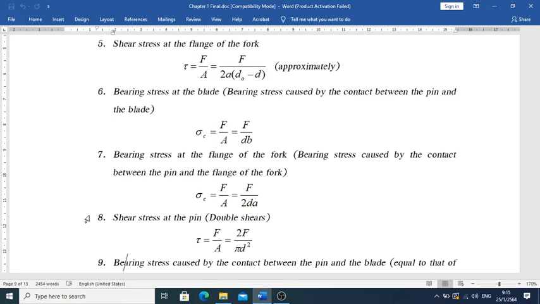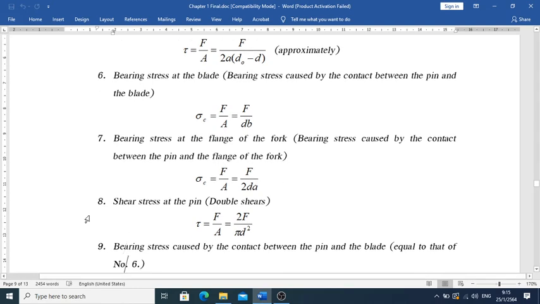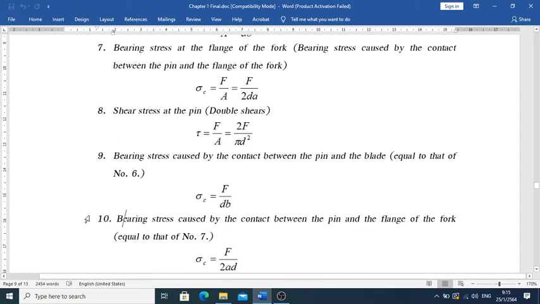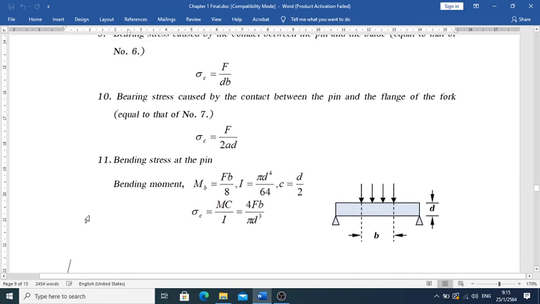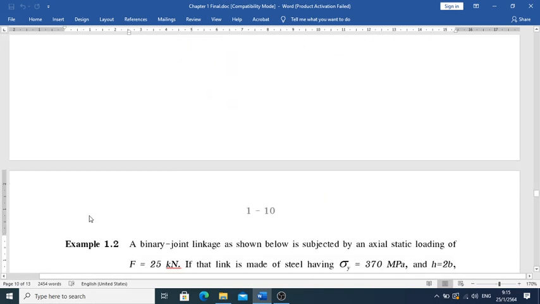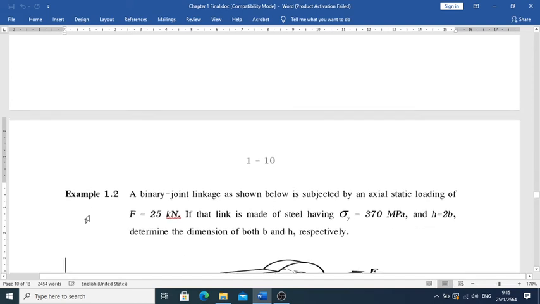And then number 9, the bearing stress at the pin, and number 10 at the pin again. Number 9 and number 6 are equal to each other, and number 10 equals number 7. Please have a look at it very carefully. It's what we have studied.